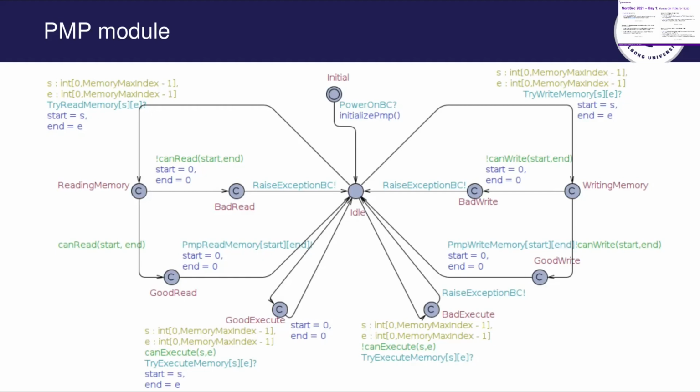The modeling language is, I kind of need to point out, I'm not sure if you can see my cursor, but basically this models the hardware system of the PMP module, and not just the software formalism on its own.